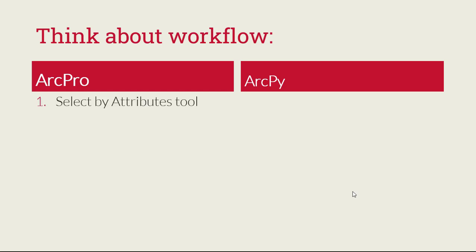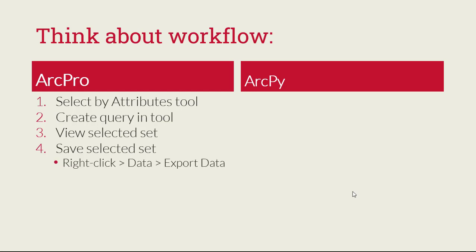You would first open the Select by Attributes tool. You would then create a query in the tool on a defined data set. You would view the selected set, and then you would perhaps save the selected set to its own data set by using the Export Data geoprocessing tool, which can also be found on the right-click menu if you right-click the actual data set in your table of contents.